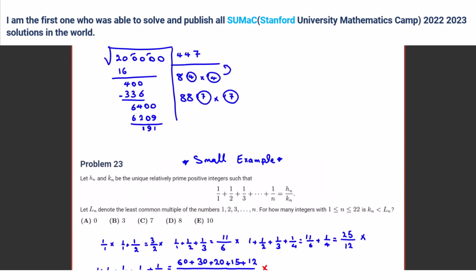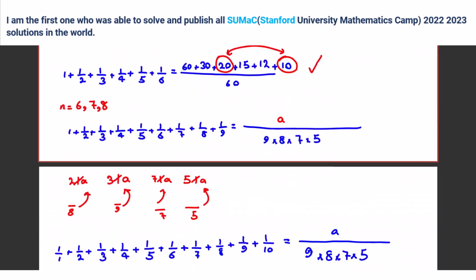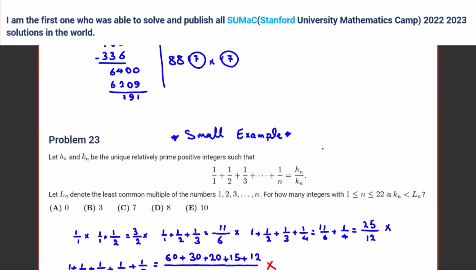So which numbers were good? 6, 7, 8, and then 18, 19, 20, 21, 22. So what is the answer? 8. Exactly. Understood completely how we solve this?